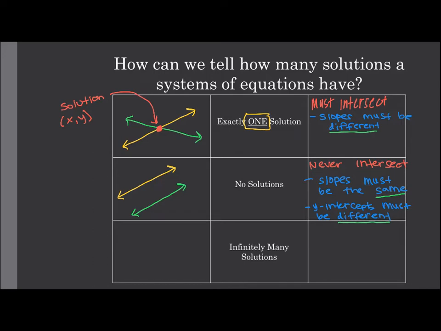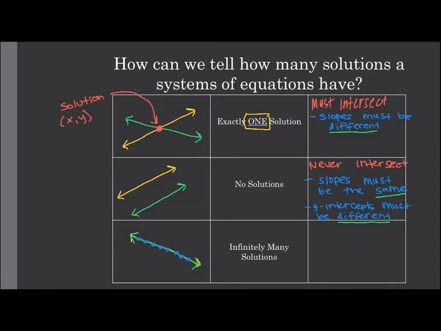Okay, the last one is infinitely many solutions. Here's this case. You have a linear equation. You have another linear equation. Now watch. They are landing right on top of each other. So if we think about all the points, remember how a line has all of these points. That means the green and the yellow line have all of those same points in common.